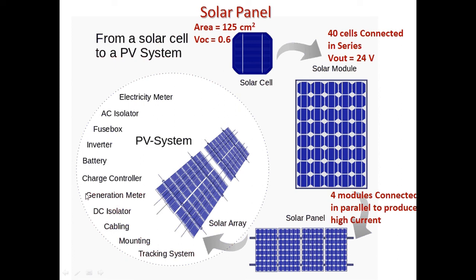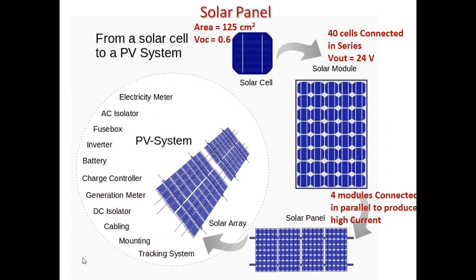Then there are electric meters which find out how much power has been generated, and there are a lot of things attached to your solar panels these days. Half of the cost goes into the solar panel, while the other half goes into the other accessories required, mainly inverters and batteries.